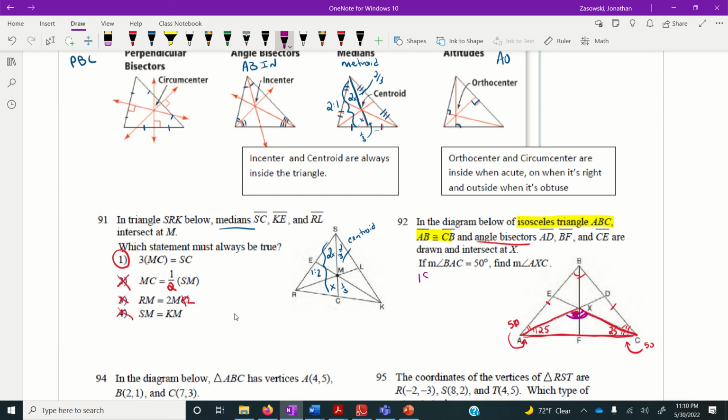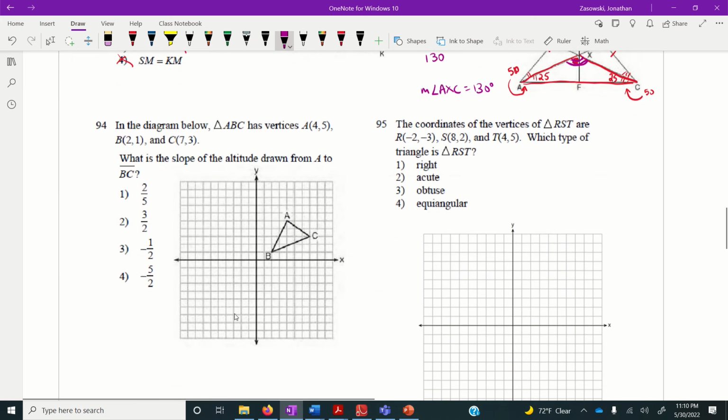So we're just going to do 180 minus the 50, and that's 130. And that is the measure of angle AXC. I thought it was this one for a minute, but it's the whole thing. And so it's just 130 degrees. So if you see angle bisectors, make sure you label your diagram with them for yourself.